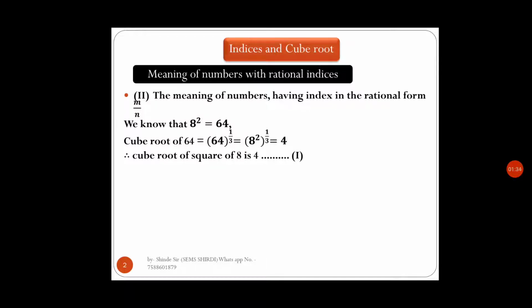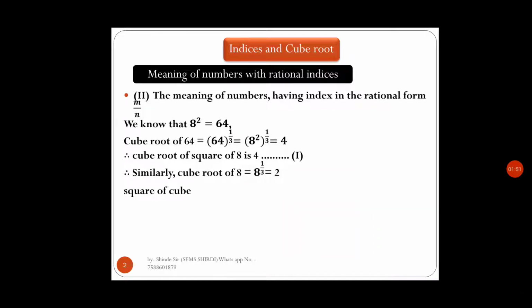We give this equation number first. Similarly, the cube root of 8 is equal to 2.